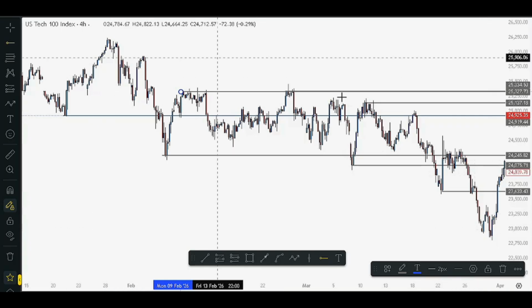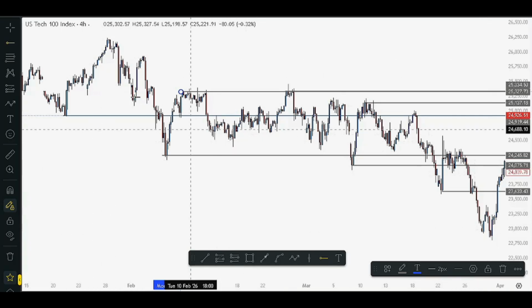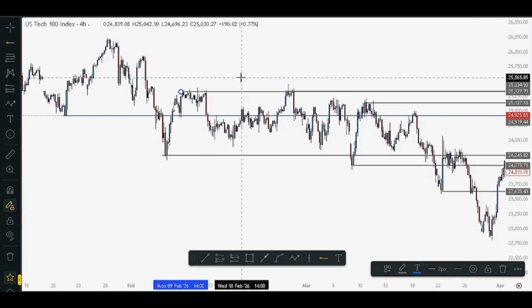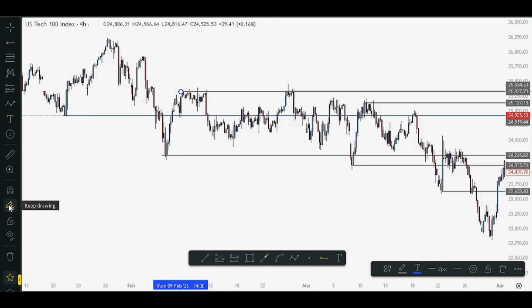So basically this is what I'm looking at when I go into the market. I look for the trend, whether it's an uptrend or a downtrend. Looking at this, it's a downtrend. I'm going to mark it for you in different ways.